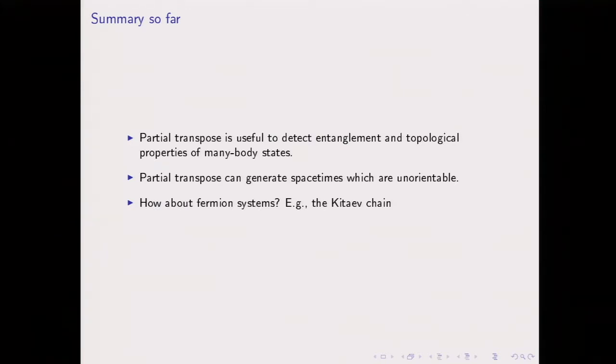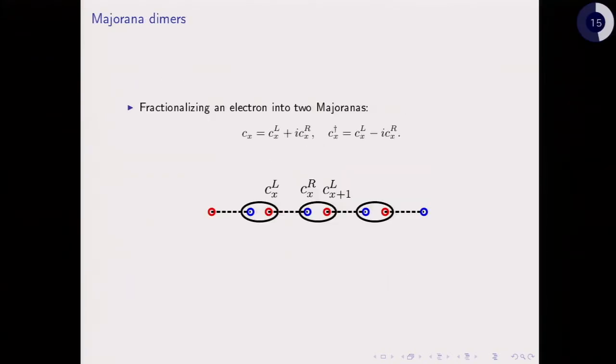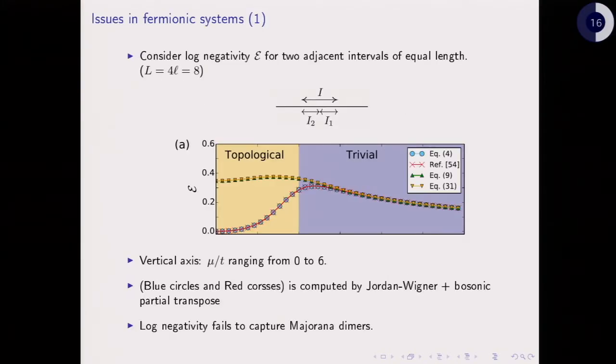So can we use the same idea, meaning can we use partial transpose to discuss entanglement and topology of the Kitaev chain? Now I want to point out some issues before I describe our construction of the partial transpose.